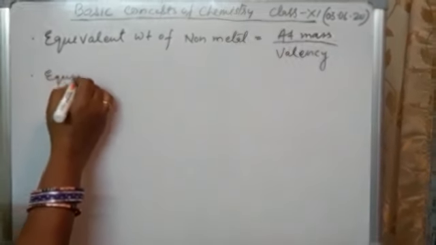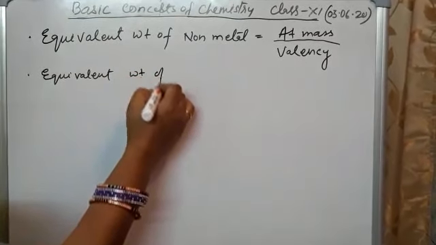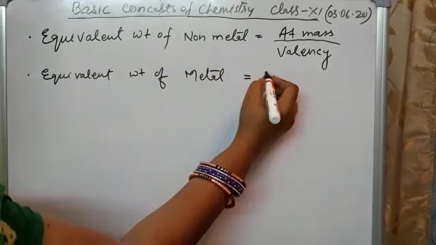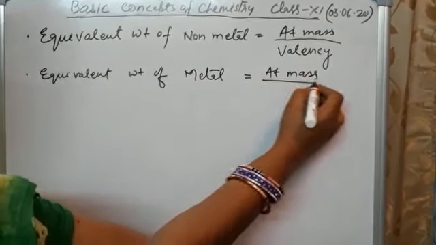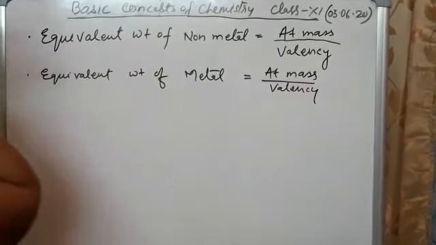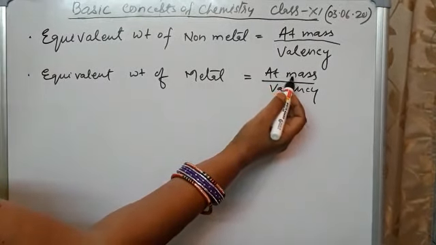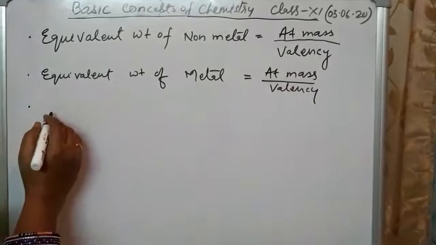Equivalent weight of a metal equals atomic mass by valency. We can find out the equivalent weight of a metal by putting the value of atomic mass by valency.